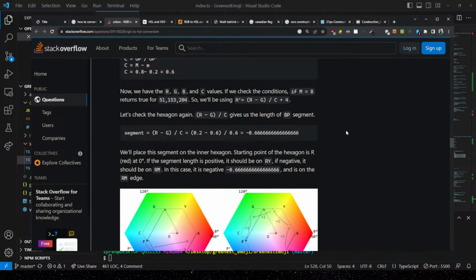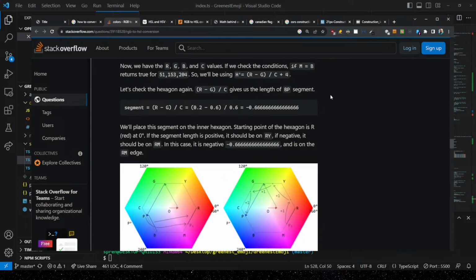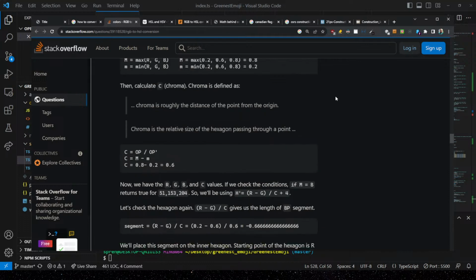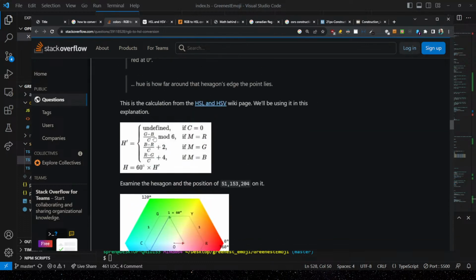Now we have RGB and C values, and we can check the conditions. Okay, so mod 6. We basically can do it now. We could calculate it right now.